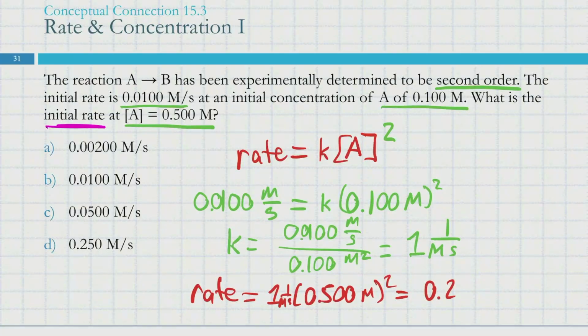That'll be 0.250 molar per second. So that would give us D.